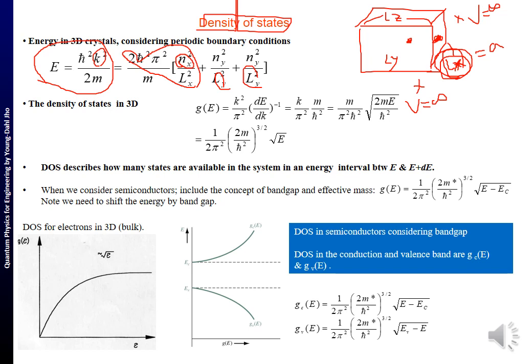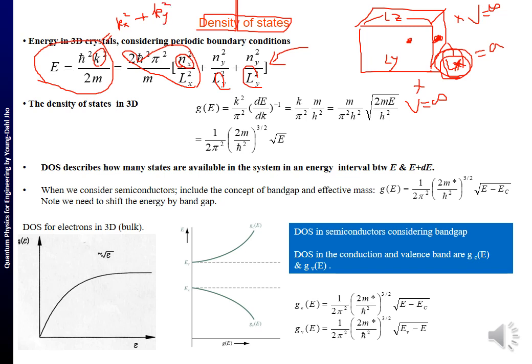Actually, this is what we learned from solid state physics. We don't go into detail, but we intuitively understand the meaning of this structure. The meaning of this structure is that K value is quantized and scale is fixed, and electron is confined within a certain scale.